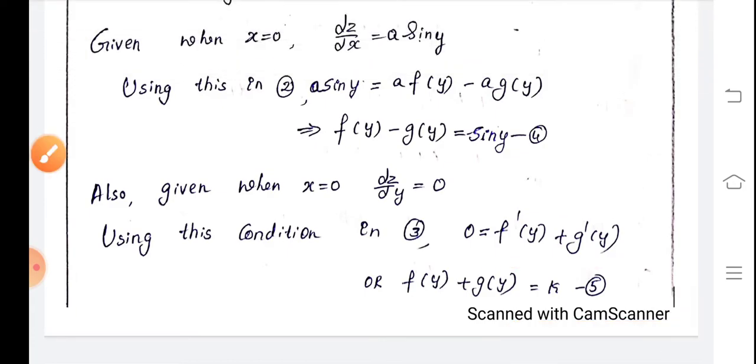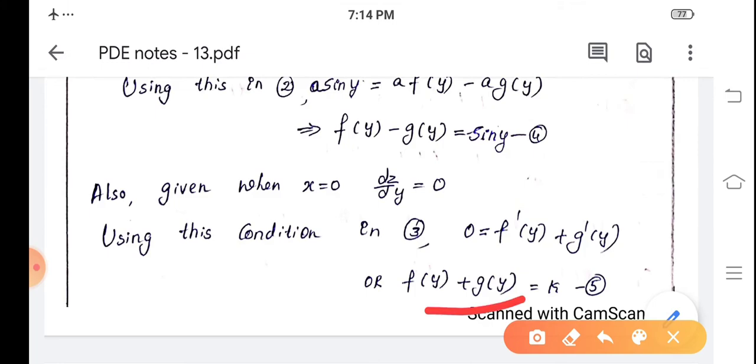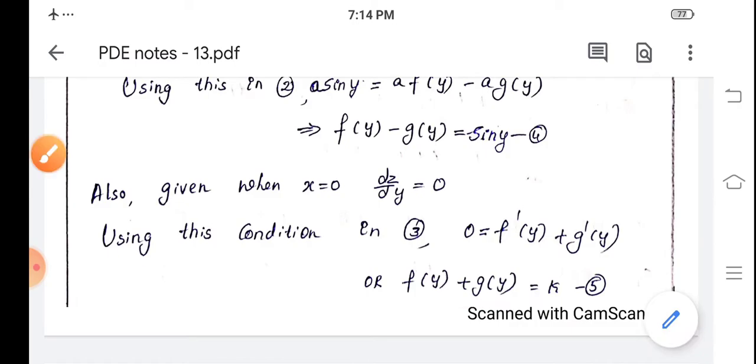Or we can integrate this with respect to y. The integration of f'(y) is f(y) plus the integration of g'(y) is g(y), equal to an integration constant, you can take it as k. So f(y) + g(y) = k.